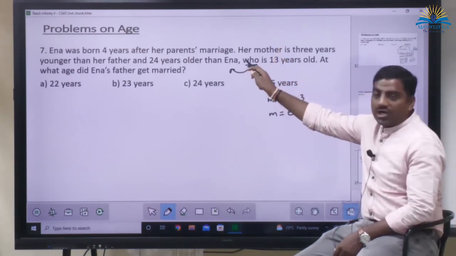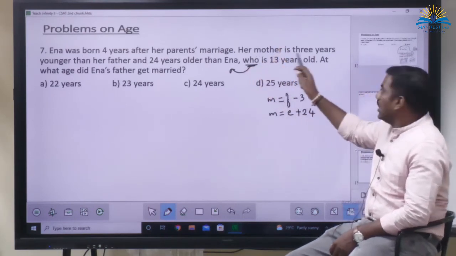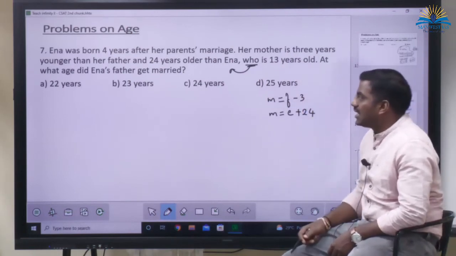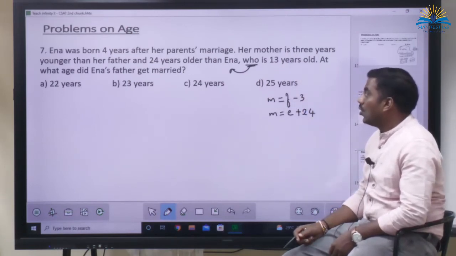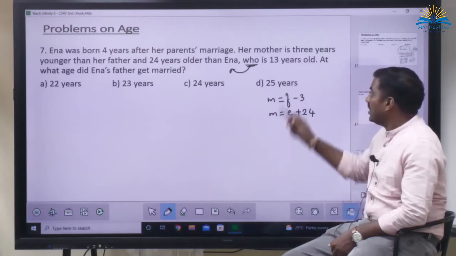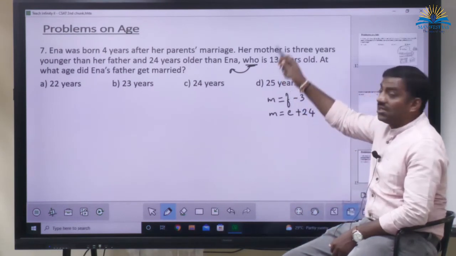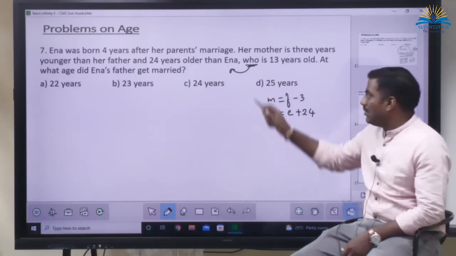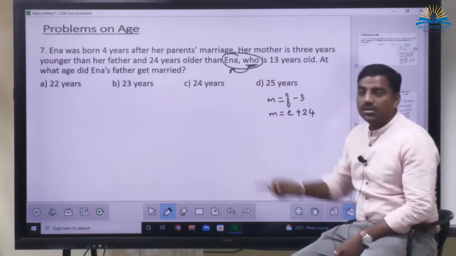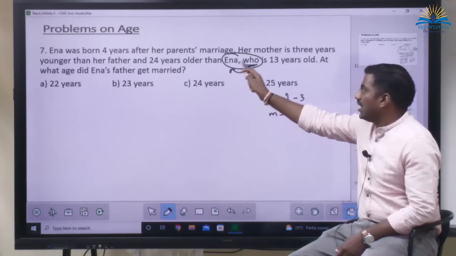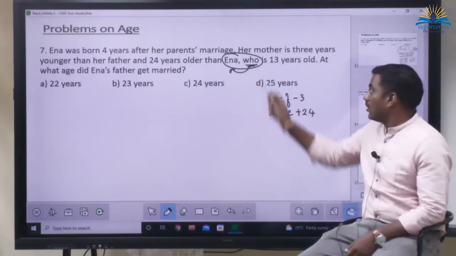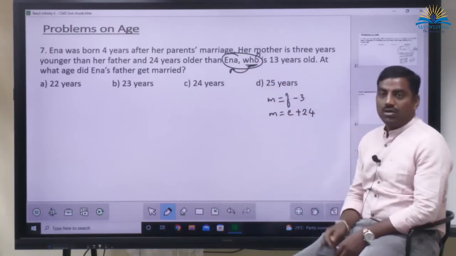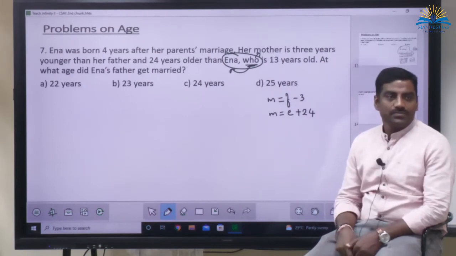If this comma is not there, if I read the sentence, her mother is 3 years younger than her father and 24 years older than Ina who is 13 years old, then mother's age would have been 13. This one small comma is establishing the relation. If there is no comma, there is no relation between these two. It will go to the first noun of that sentence.